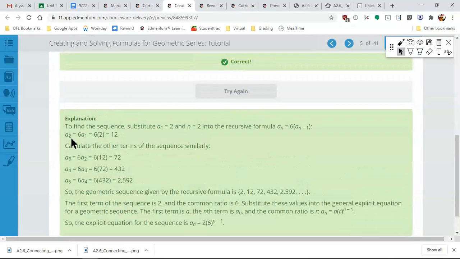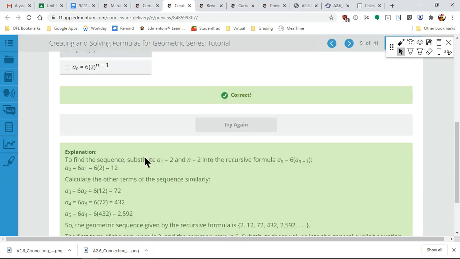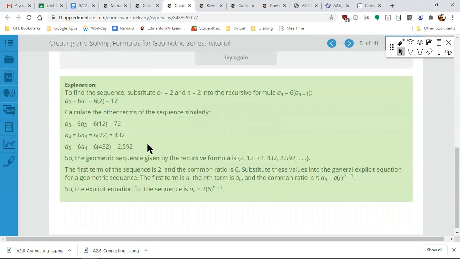So that's what's happening here, is they're saying that we start off. What do we start off with? We start off with 2, and then we get 6 from the term before. So it's the term before. So in other words, we keep multiplying by 6. So that's why it's called explicit, meaning that this works no matter what it is.